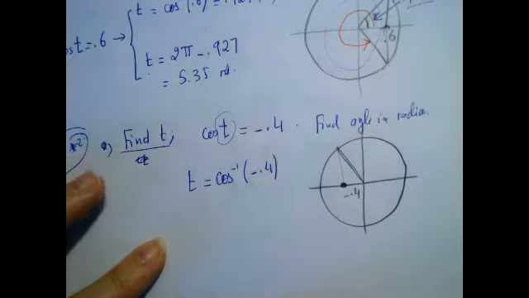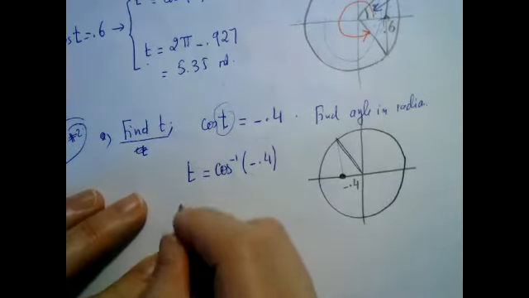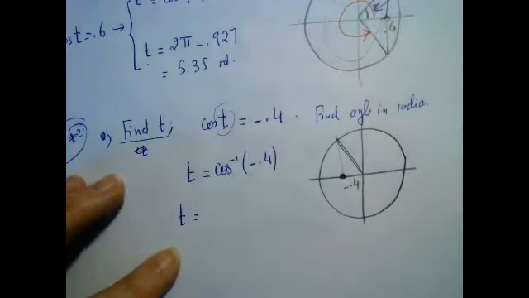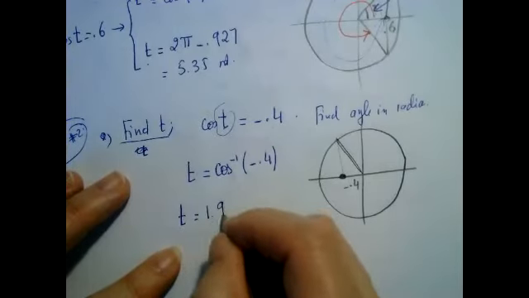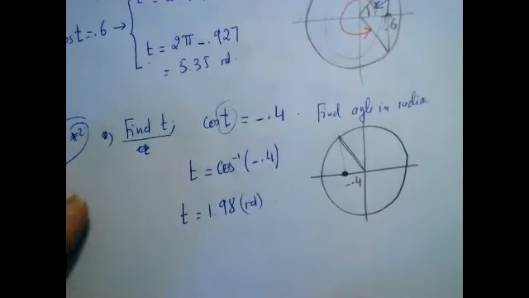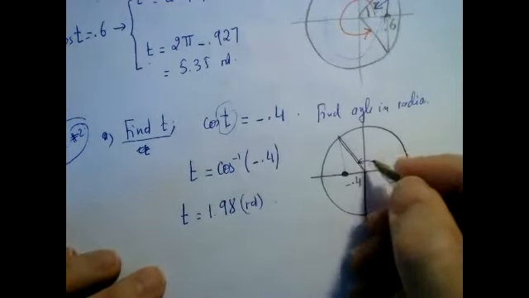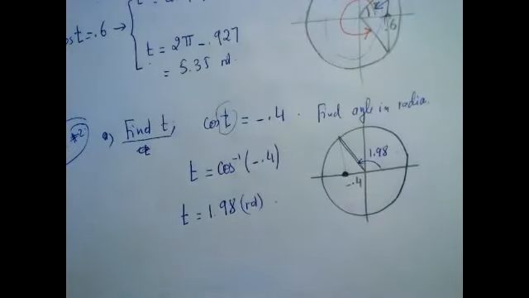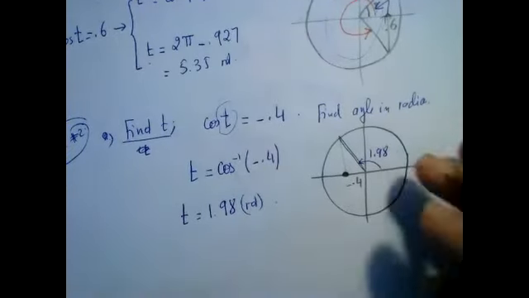And now I just have to plug that into my calculator, and I trust the student to get 1.98, and that's in radian. Otherwise, I will put the degree. It means this angle from here to here is 1.98. I'm giving you the cosine, you're giving me the angle.